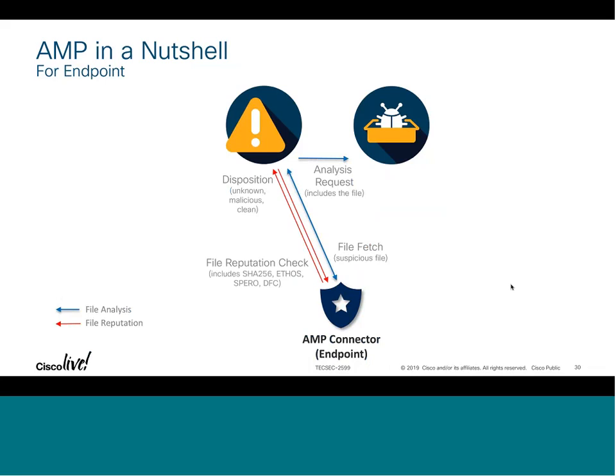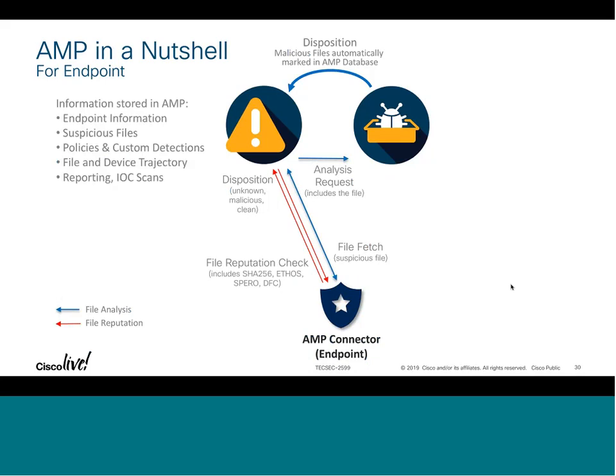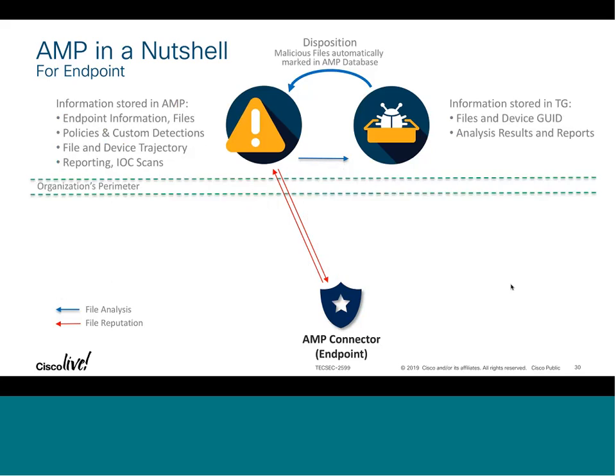Remember, this works the same for public or private. The feedback from threat grid goes to the AMP cloud, and then that turns into possibly an updated disposition and maybe a retrospective event back to the connector on the endpoint.